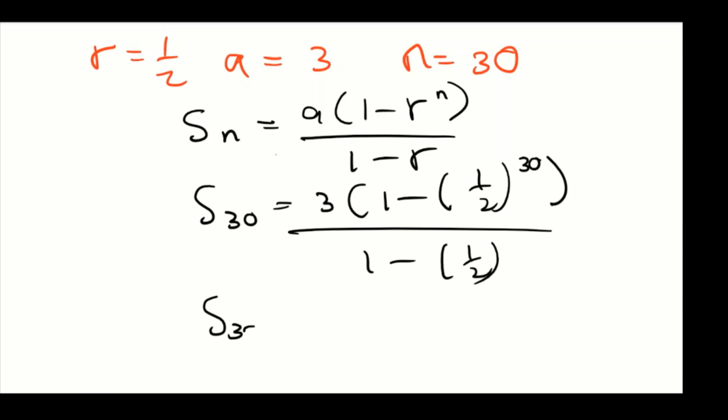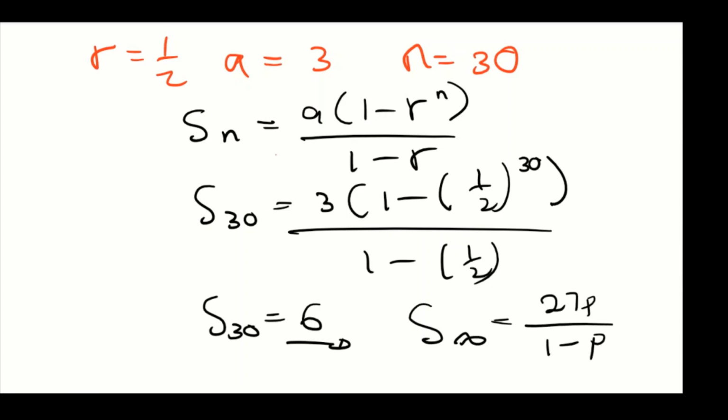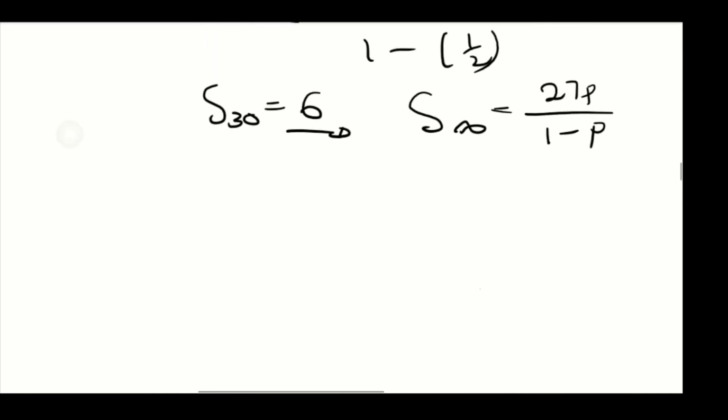So if you punch your calculator, you're going to get an answer that approximates to 6. So simply write 6. So S of 30 is equal to 6, and the sum to infinity is equal to 27p over 1 minus p.